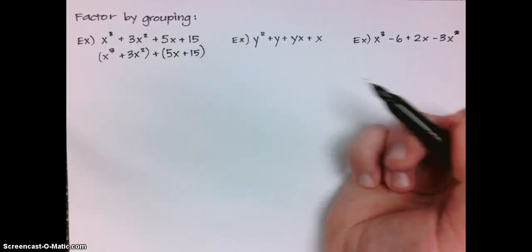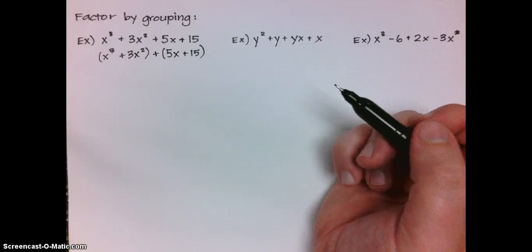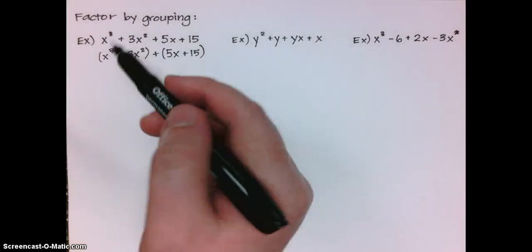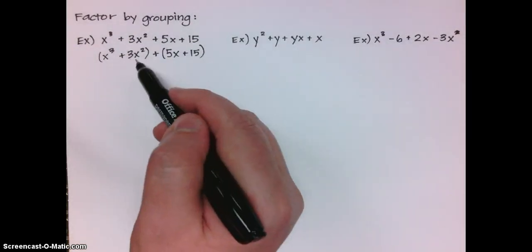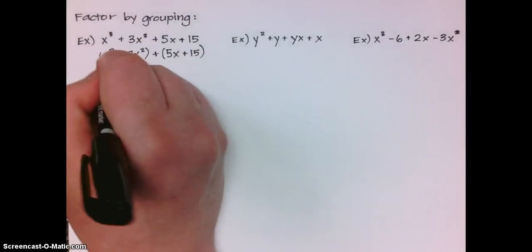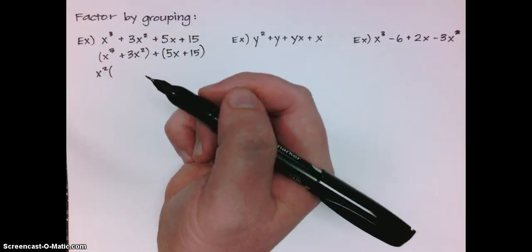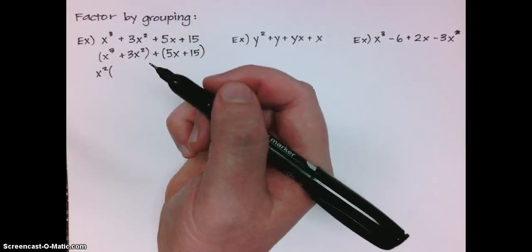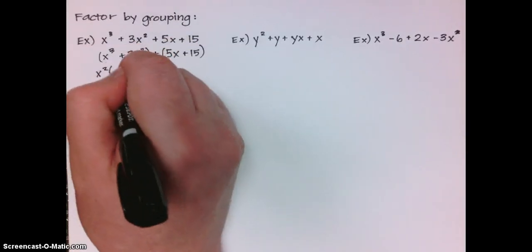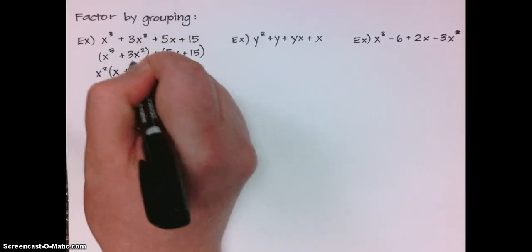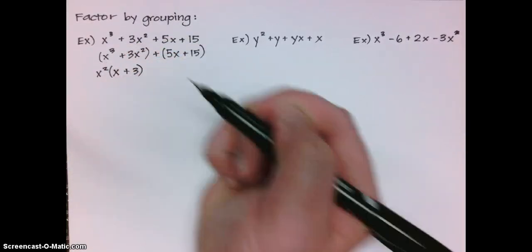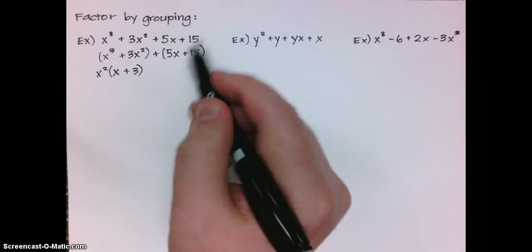And now that I have that, in each group, I'm going to look for the greatest common factor. So between x cubed and 3x squared, I can pull out an x squared. That's the greatest common factor of the variables and the numbers inside. And now I'm left with an x plus 3. You see that? I'm going to do the same thing for my second group.